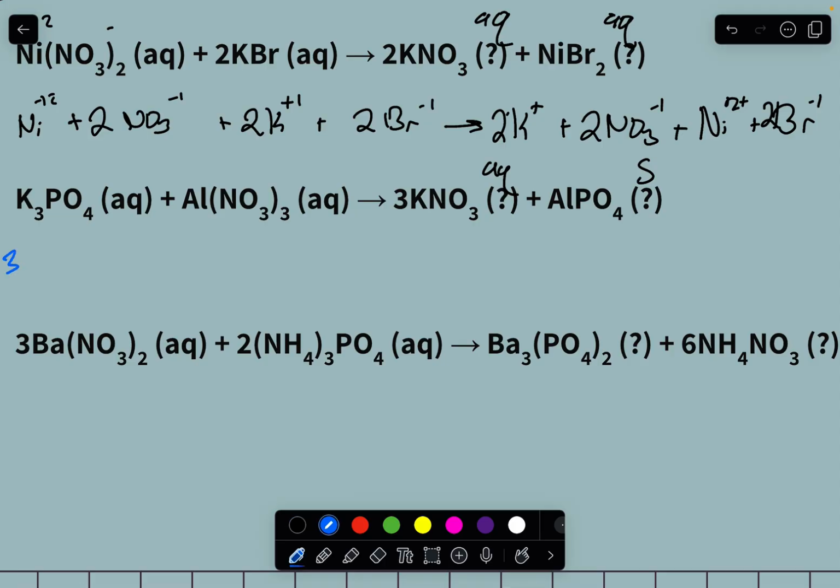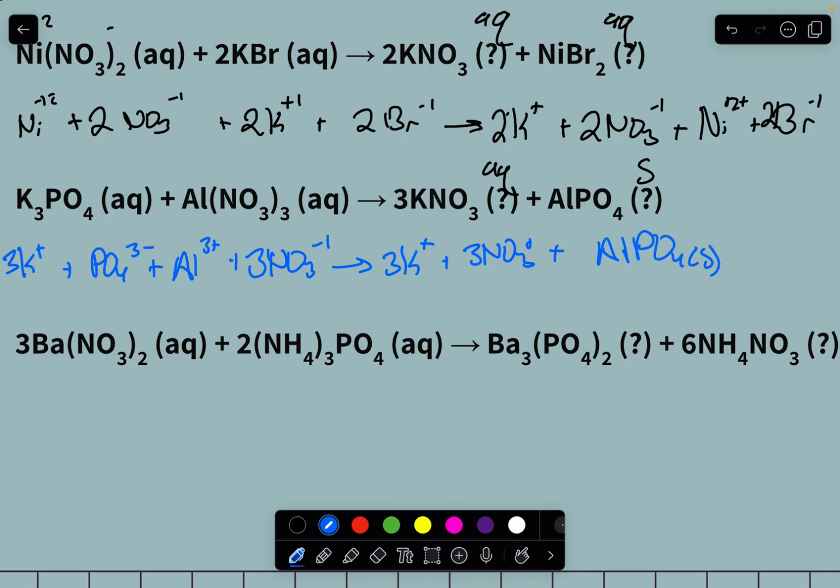For our net, we have 3 potassiums plus our phosphate, 1 aluminum, 3 nitrates, and that goes to 3 potassiums, 3 nitrates, and then our aluminum phosphate here is going to stay together.